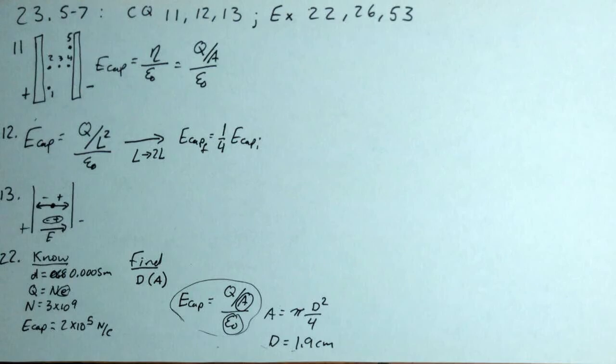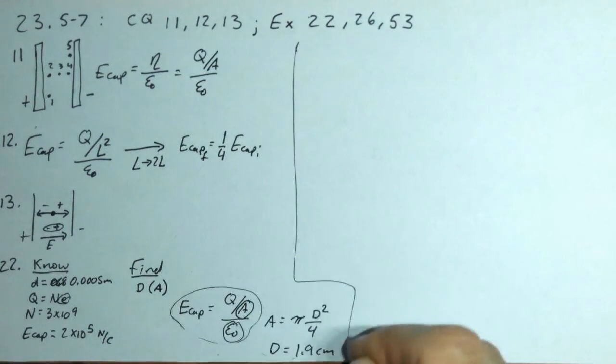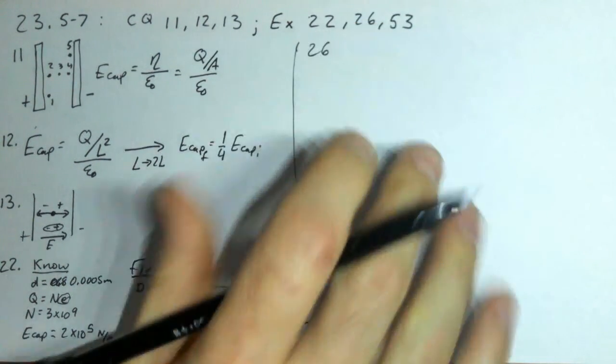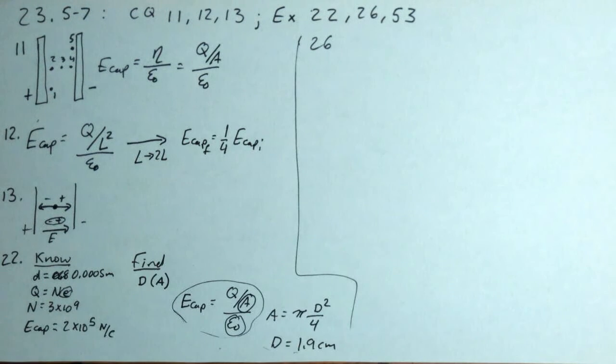Okay, now let's move on to number 26. Go and look at problem 26 and see how well we can do this one. Alright, so this one, I hope you recognize, has a few different parts to it.